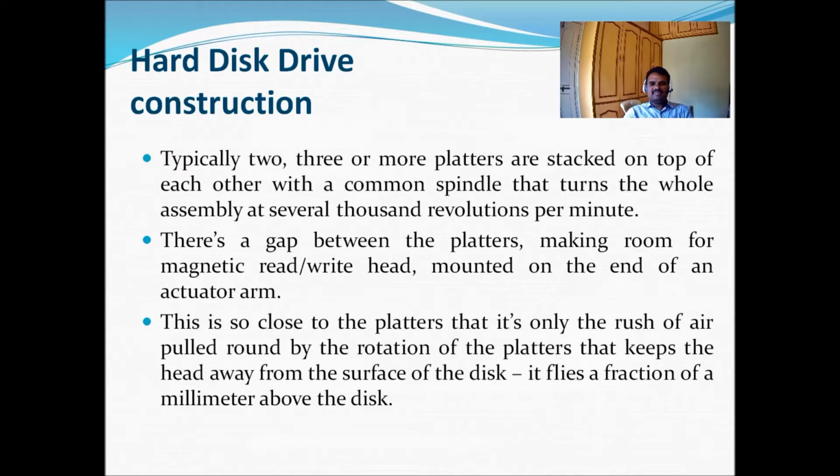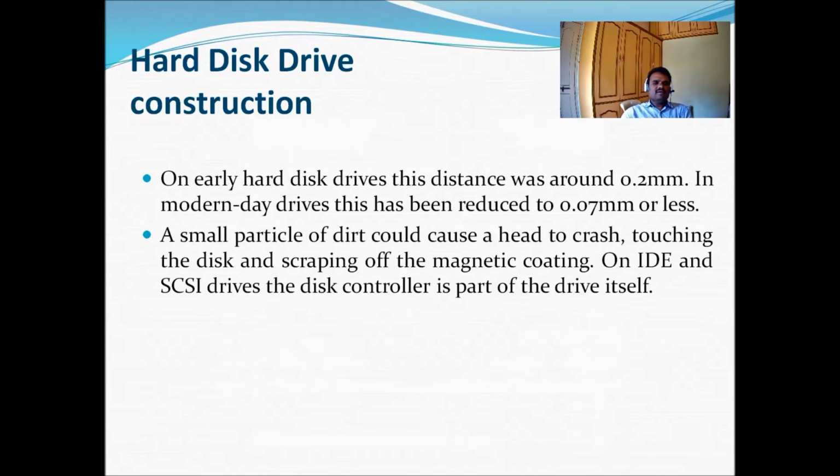It flies a fraction of a millimeter above the disk. On early hard disk drives, this distance was around 0.2 millimeters. In modern day drives, this has been reduced to 0.07 mm or even less.